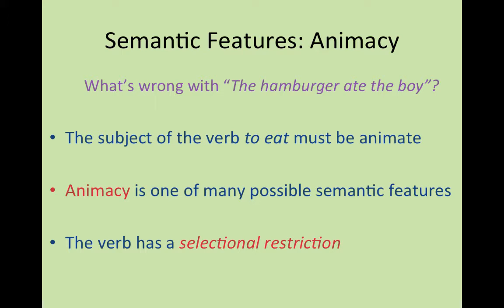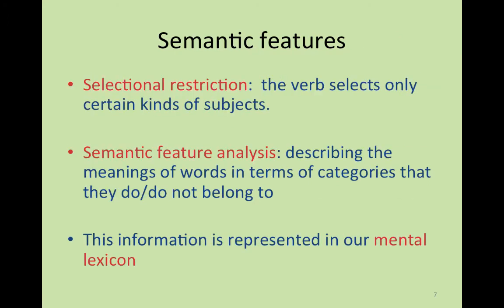If they don't have that property, then we encounter a semantic violation, and that semantic violation results in a sentence which, while it's syntactically or grammatically acceptable, it semantically makes no sense. A selectional restriction, as just stated, refers to the fact that a verb selects for only certain kinds of subjects. When we say certain kinds here, we mean subjects that have certain semantic features.